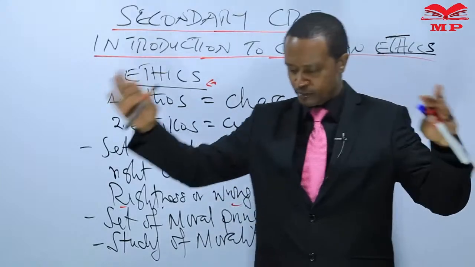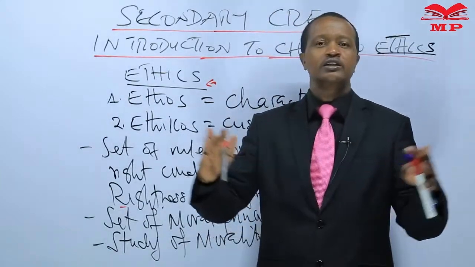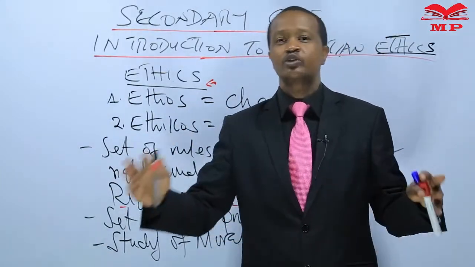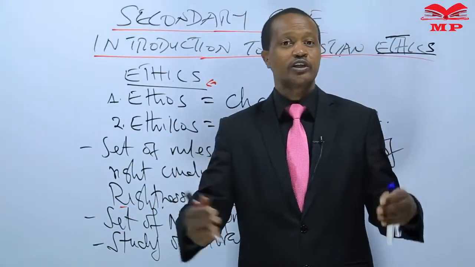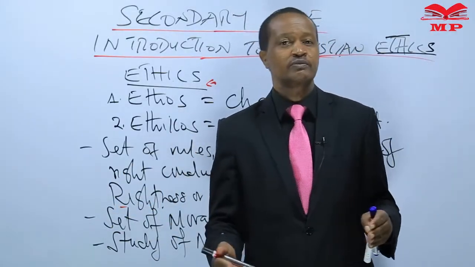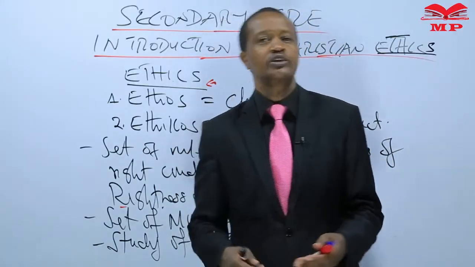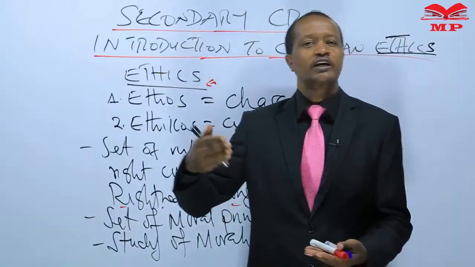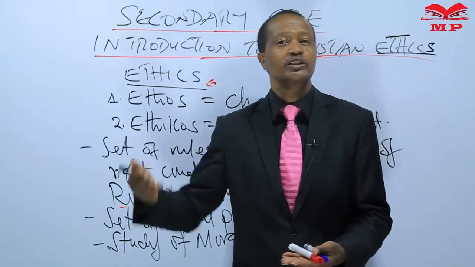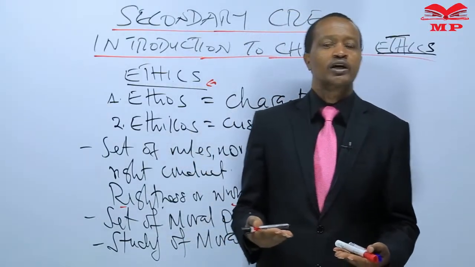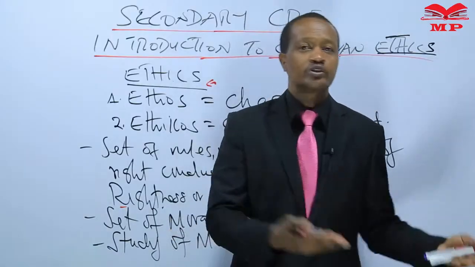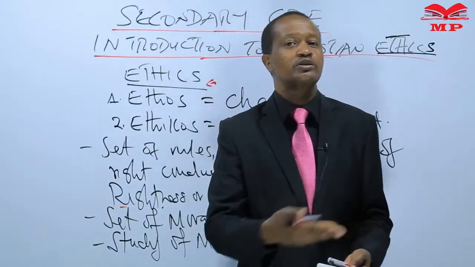If you have a group of people living together, then there has to be some form of guidelines on how they are going to relate to each other. And this has been the case since time immemorial, including even in the African traditional communities, right? There were a set of rules which were referred to as taboos.